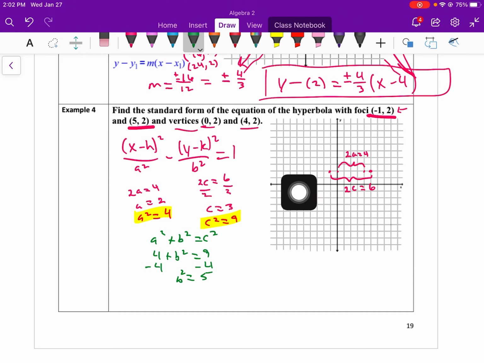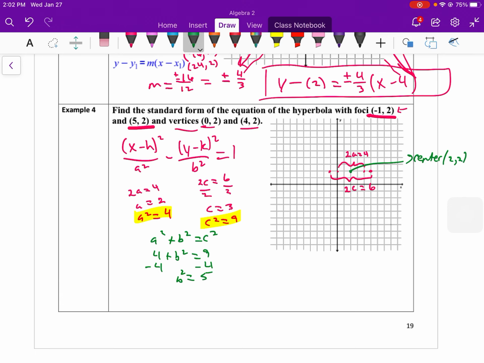Also, the center, since it shifts horizontally, will exist on this axis here. So if we can find the midpoint, we can find the center. So if 2a equals 4, we got a equals 2. So from this point, if we go plus 2, right here, that'll be our center. So the center is going to be 2, 2.